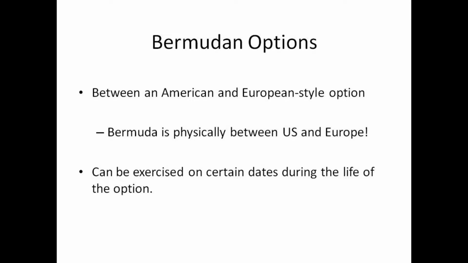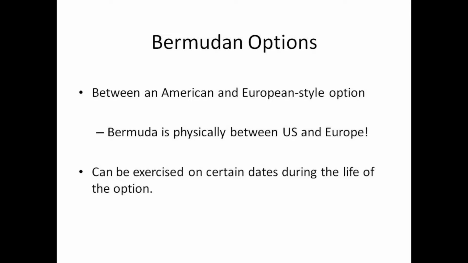So instead of being allowed to be early exercised at any point in time like an American option, a Bermudan option can be exercised on certain dates during the life of the option. So if it's an option that expires in 3 months, maybe once a month you get the opportunity to early exercise it should you desire.